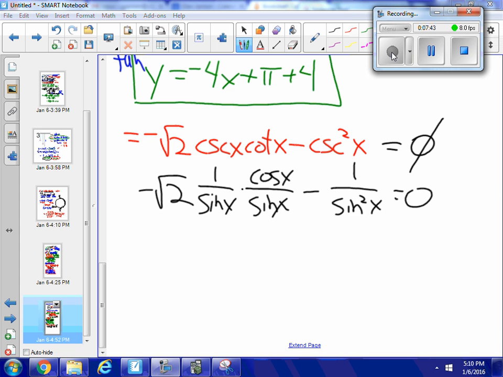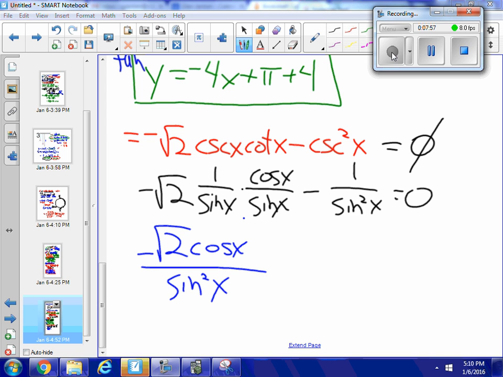This part here gives me negative radical 2 cosine x divided by sine squared x, which is nice because I now have a common denominator, minus 1 over sine squared x, and that's equal to 0.